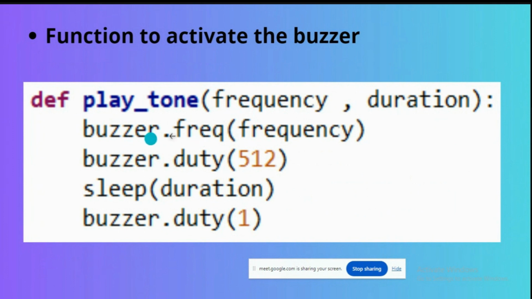Then we set the buzzer frequency to whatever frequency we give, and the buzzer duty to 512, and the turning on time will be the duration we are setting. That is why we make sleep the duration. And after that given time, we need to turn off the buzzer again, so we'll make the duty 1.